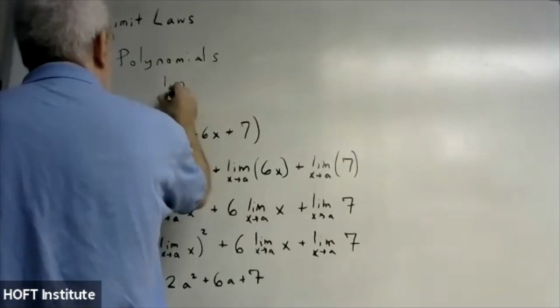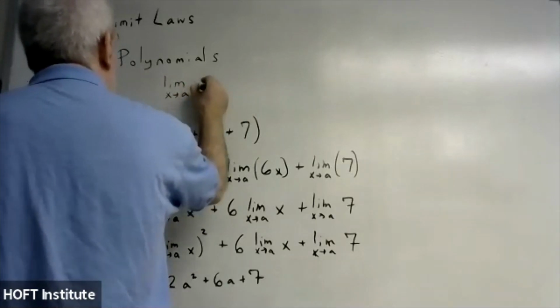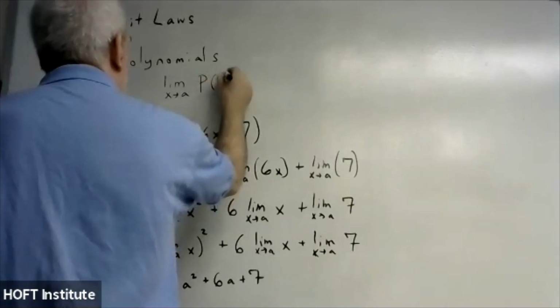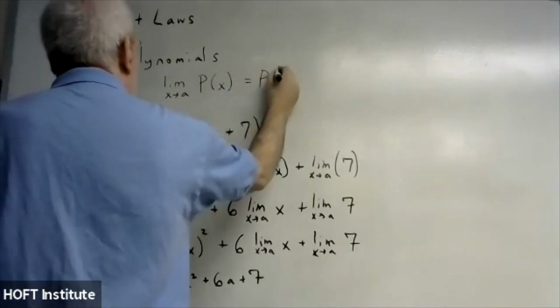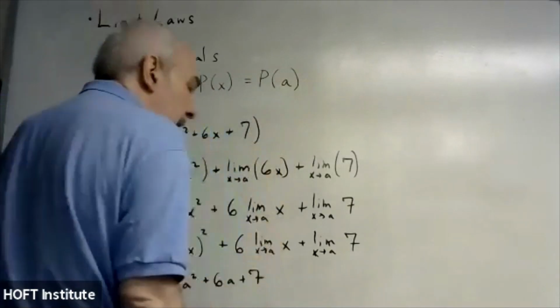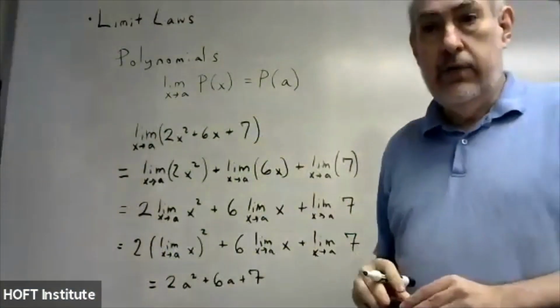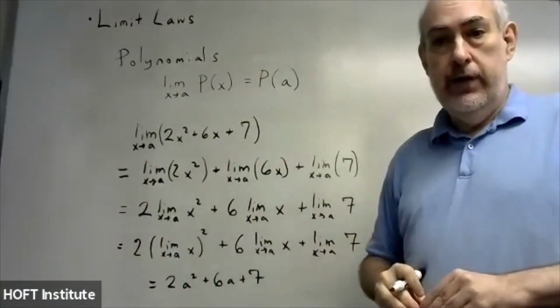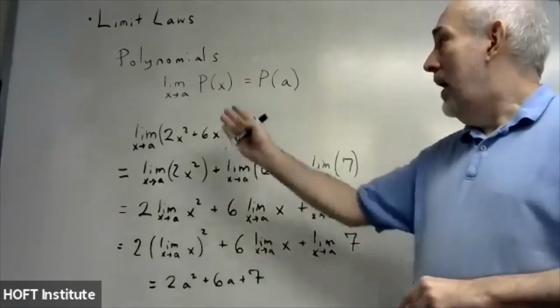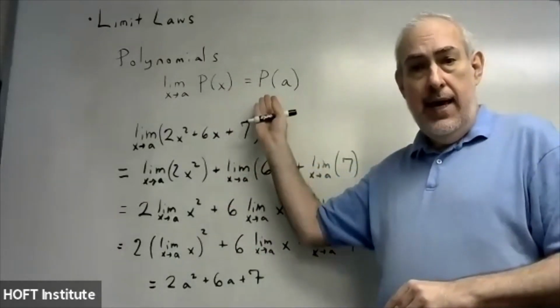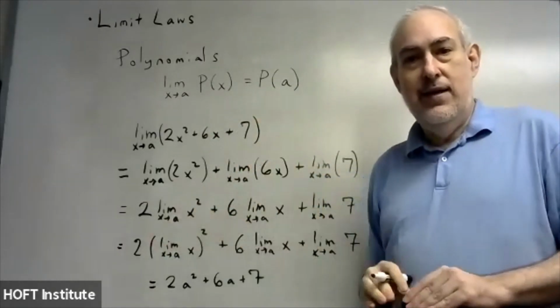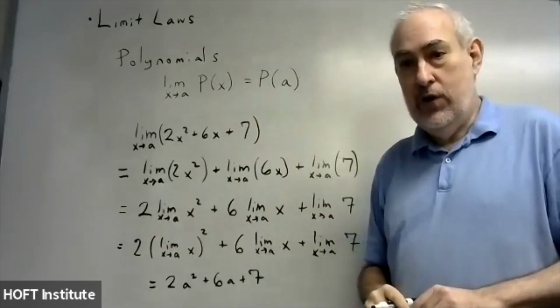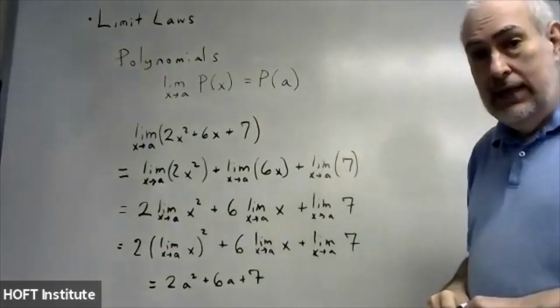The limit as x approaches a of p of x equals p of a, where p of x is any polynomial function. So any polynomial function, just plug in a, and that's the answer for the limit. So it makes polynomials really easy.